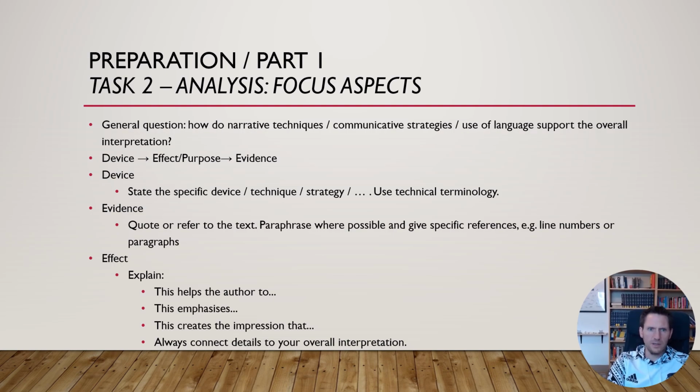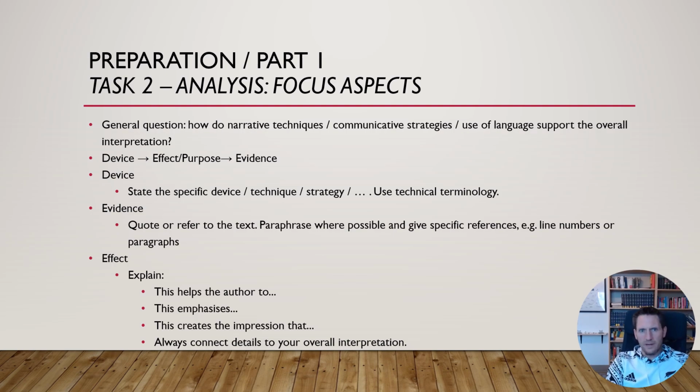So you should first identify the technique, strategy, language device, whatever there is, and then you should be precise and use the correct technical terminology wherever possible. For example, say the author uses anaphora instead of the author starts every sentence with the same words. The technical terminology matters here as well.